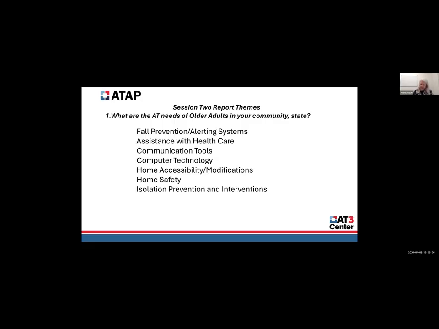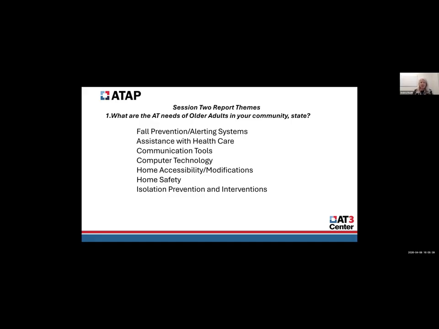Visual alarms came up. Again, the smart ovens and stoves that turn off when you walk away. Wonderful technology that's available, but some folks in our service areas need these things. Remote monitoring, using technology to stay safe in your home, like Ring cameras and alarms.